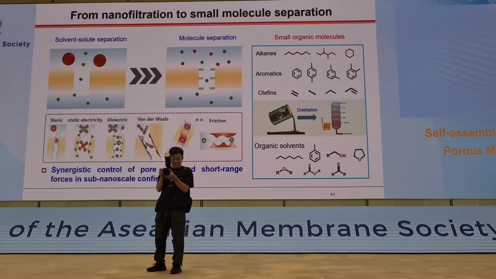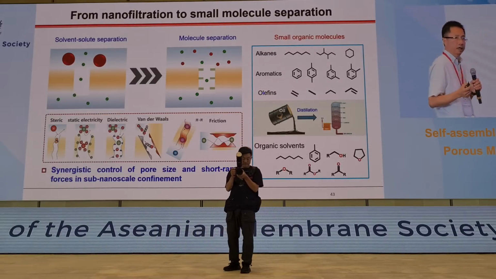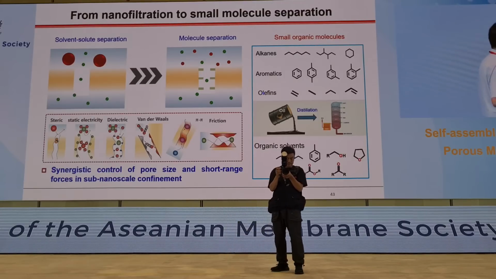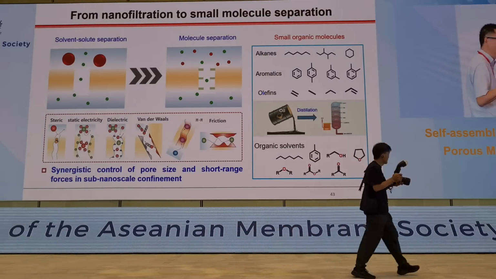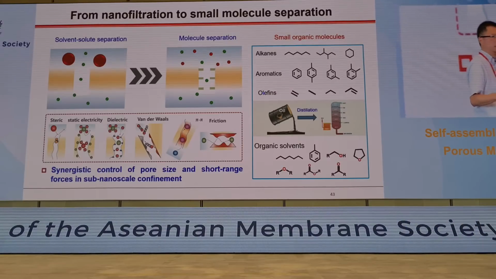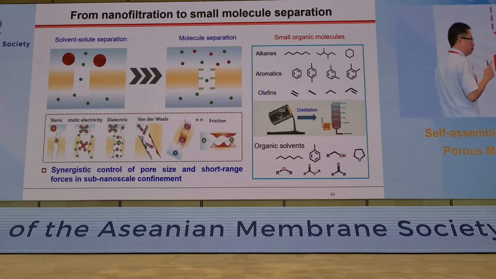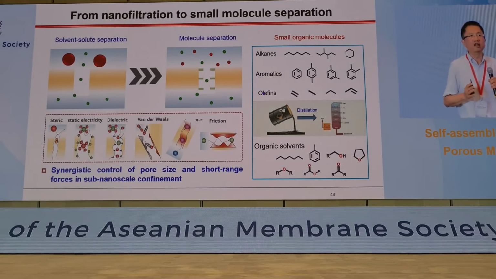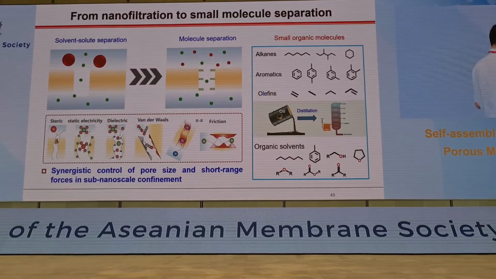I think we need at least two requirements to realize precision separation of small organic molecules. The first one, we should decrease the pore size down to the angstrom rather than nanometer. The second one, we need to take advantage of synergistic interactions inside the pores.